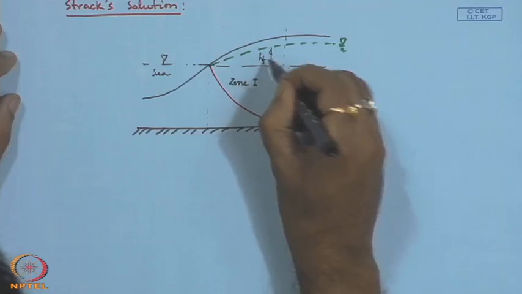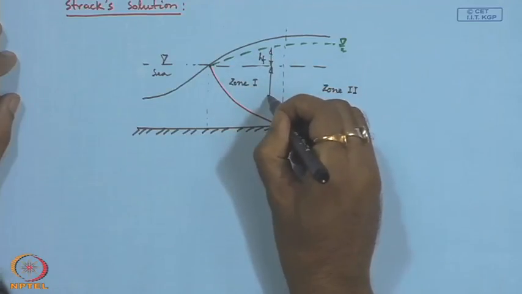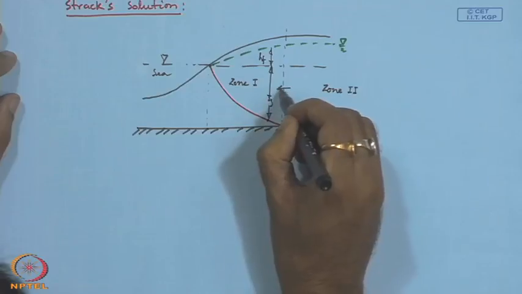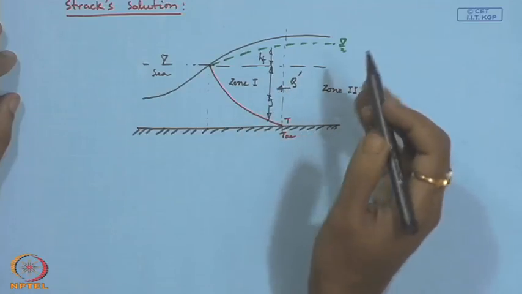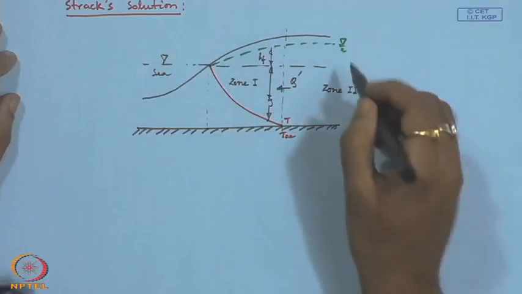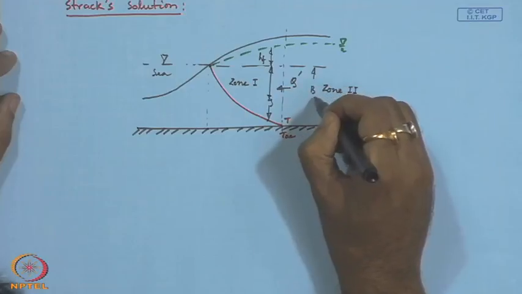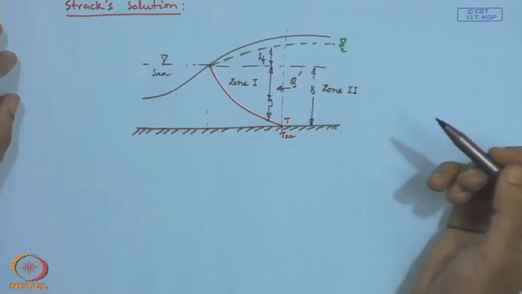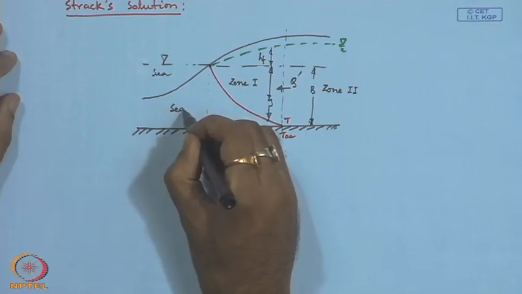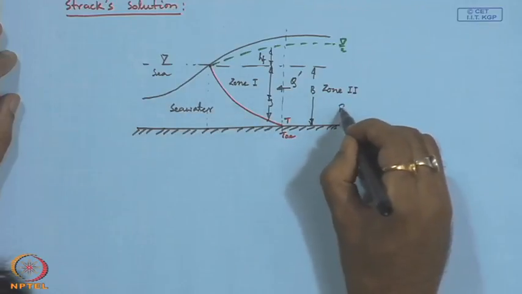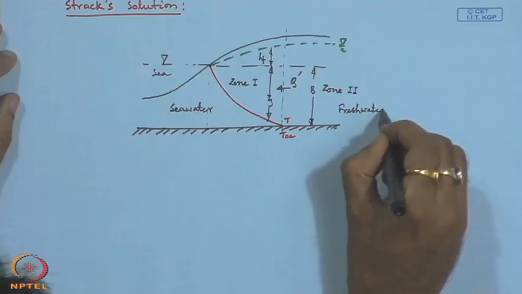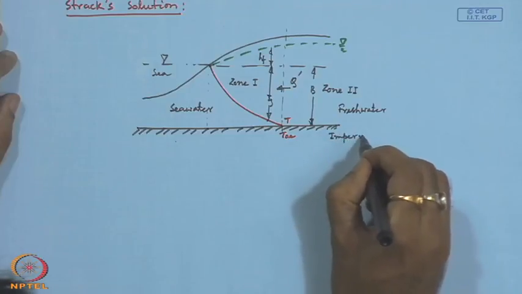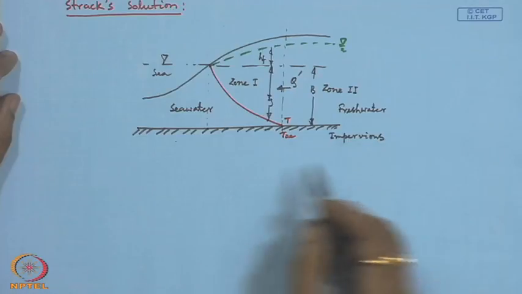This is our HF, this is xi, and q prime that is entering from zone 1 to zone 2, and we have the thickness of this phreatic aquifer below sea level or ocean level as B. This is our seawater position, this is our freshwater location, and this is the impervious bottom.